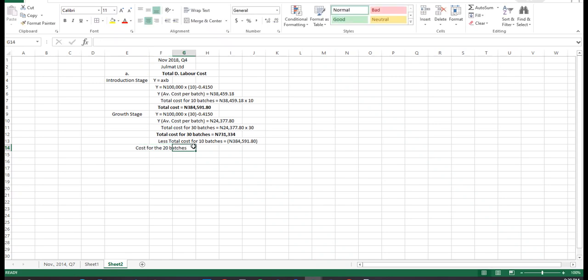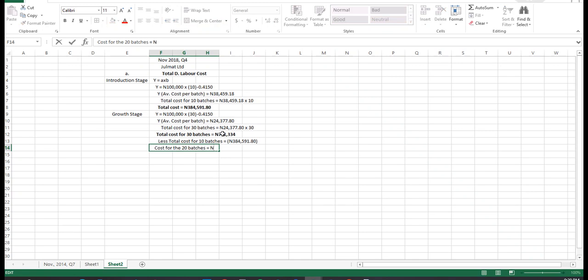If I remove 10 batches from 30 batches, that means I'll be getting 20 batches. I don't know if that makes sense to anyone.